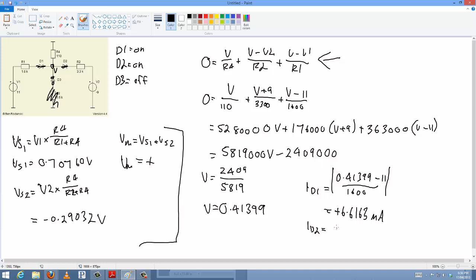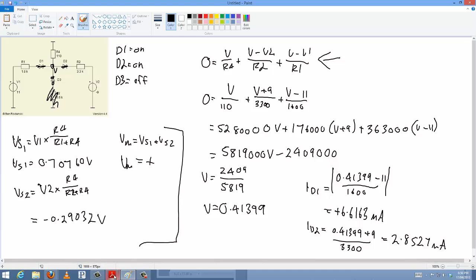ID2 equals 0.41399 plus 9 on R2, which is 3300, equals 2.8527 milliamps.